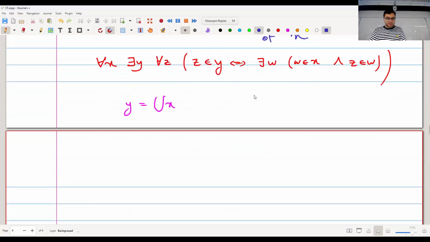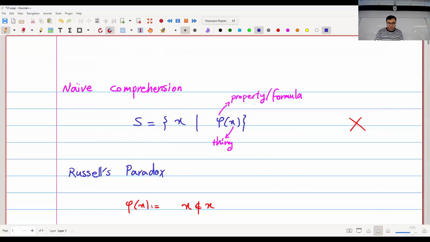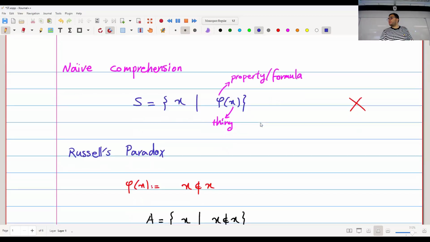Okay. Finally, we're ready for the one that actually matters, which is comprehension. So remember the idea in comprehension, and this is where we started with, was that I wanted to define a set based on some property or some formula. I wanted to say, let's look at the set of all the items or things or elements that satisfy some property.